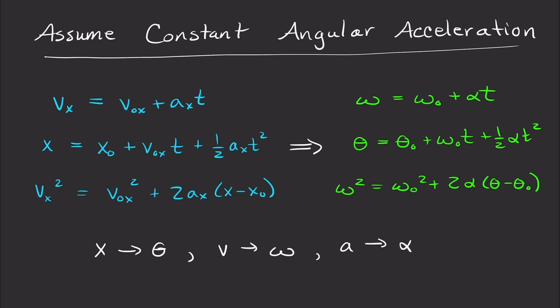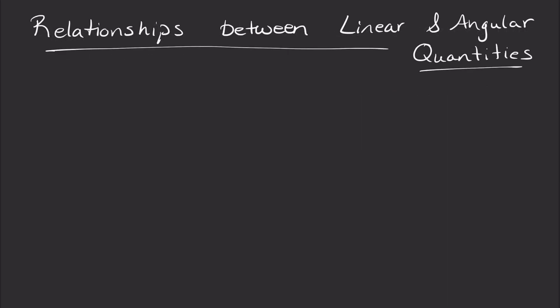Okay, so now let's look at some relationships between our linear quantities and our angular quantities. So we can start by looking at our average linear velocity. First, let's imagine we're going in a circle again. So we're at some radius r of this circle.